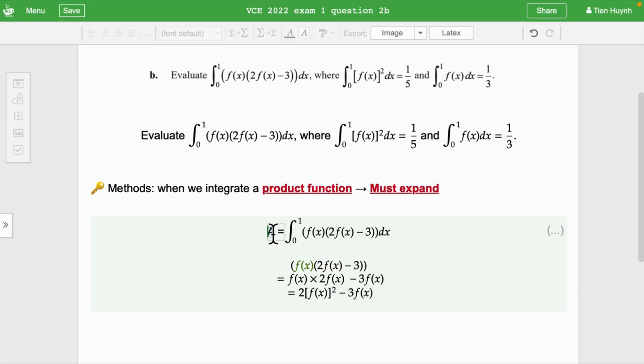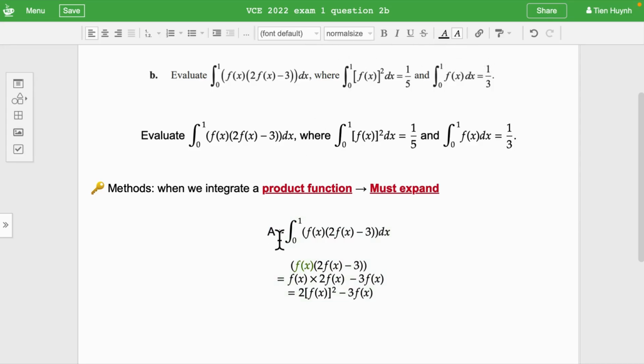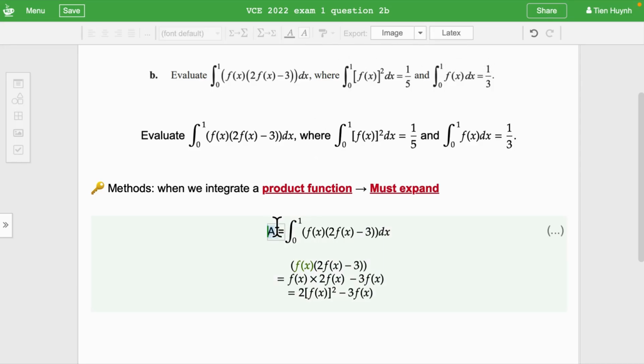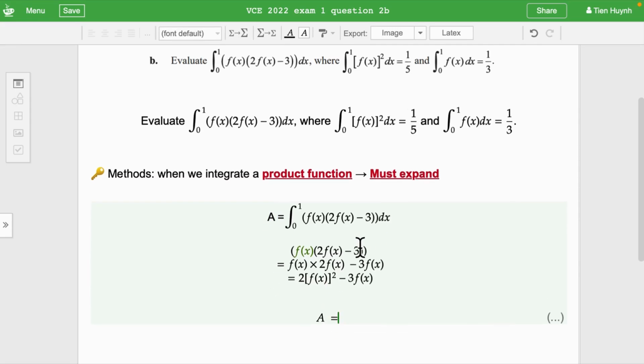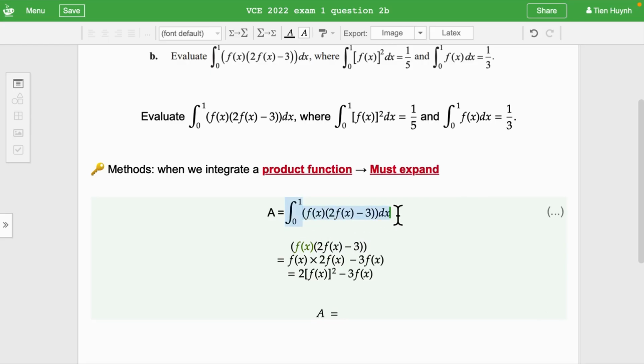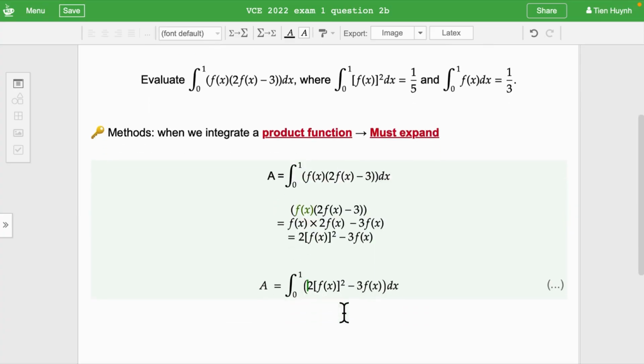So right now our A, our integration, when you replace the inside with this expanded form, will become this form here.